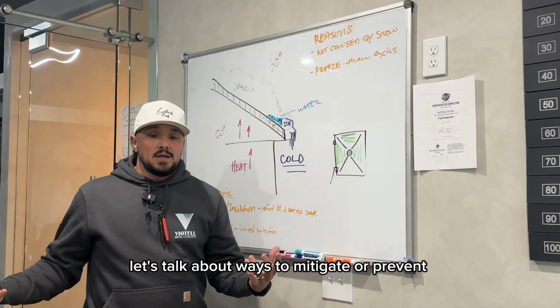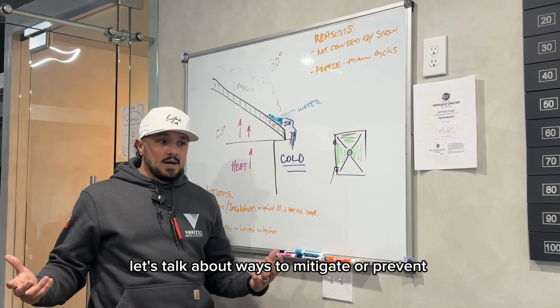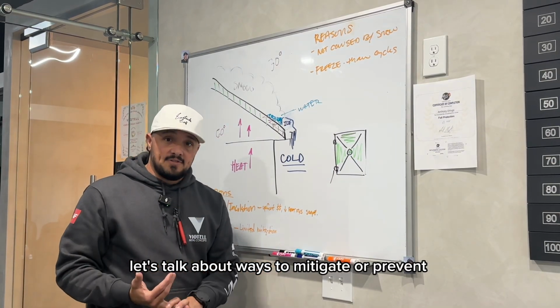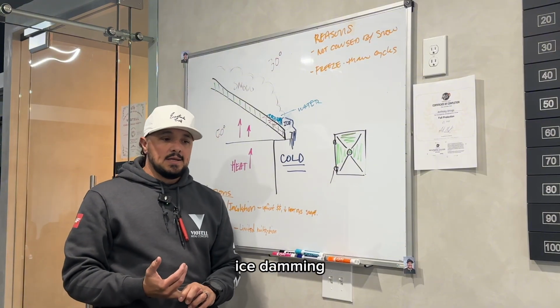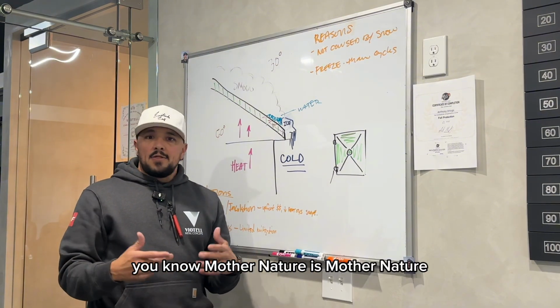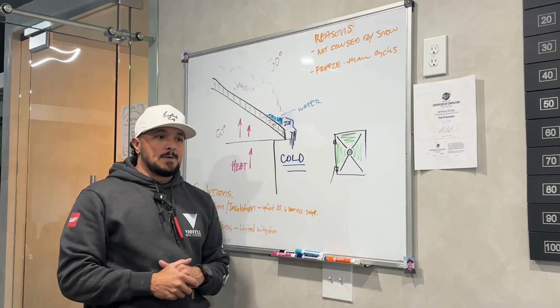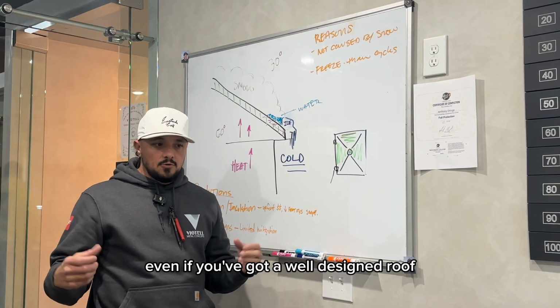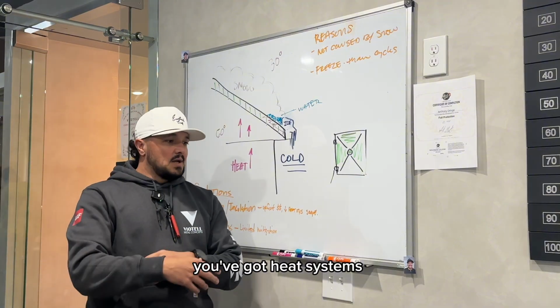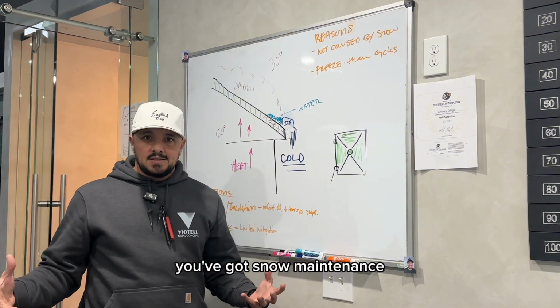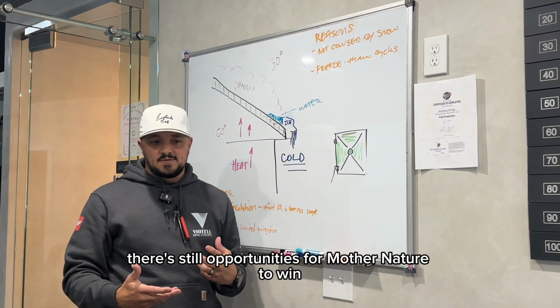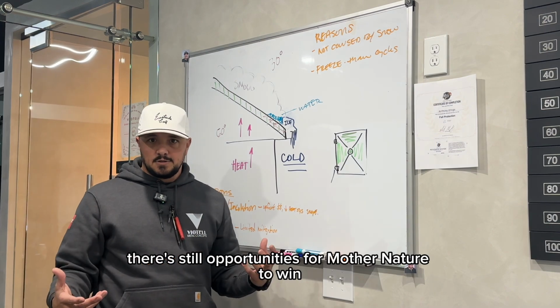Let's talk about ways to mitigate or prevent ice damming. You know, Mother Nature is Mother Nature. There's no way to control her. And even if you've got a well-designed roof, you've got heat systems, you've got snow maintenance, there's still opportunities for Mother Nature to win.